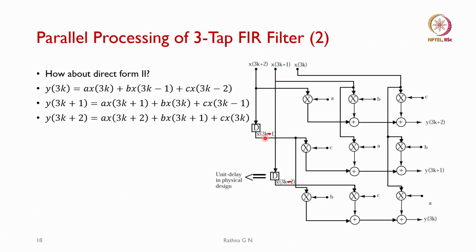So, it is going to be x of 3k minus 1, this input, which is multiplied with c. All of them get added, and then we get y of 3k plus 1. You can check the rest of them, whether you get these equations correctly with the structure or not. Thank you for hearing this lecture.